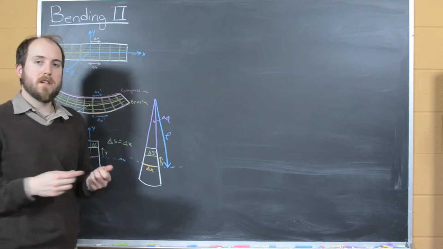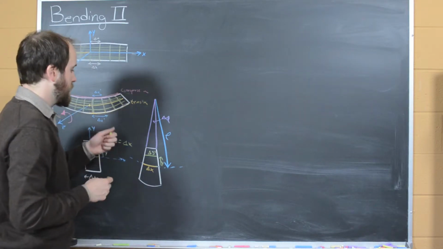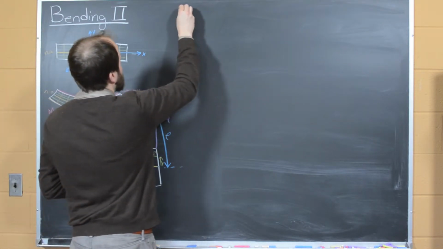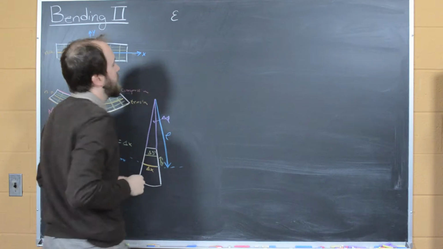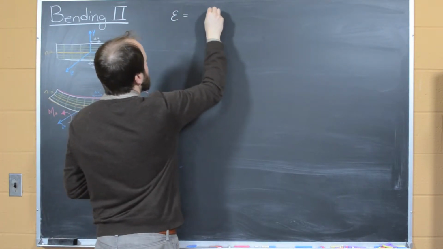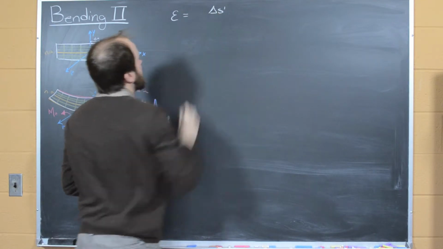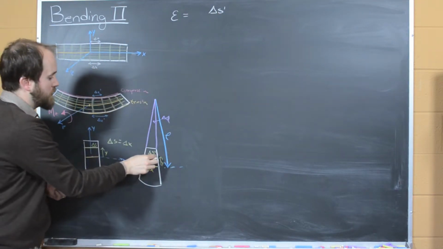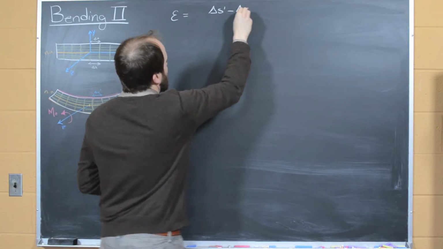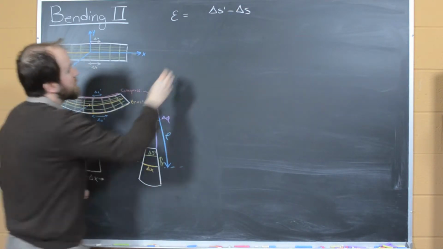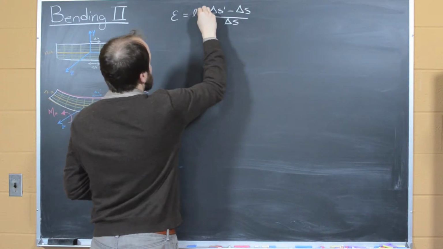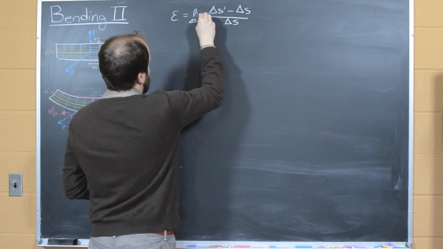And so what I want us to be able to do now is think about our definition of normal strain. Our definition of normal strain was that epsilon was equal to this new length minus that old length, delta s, over delta s, as we take the limit of delta s going to 0.